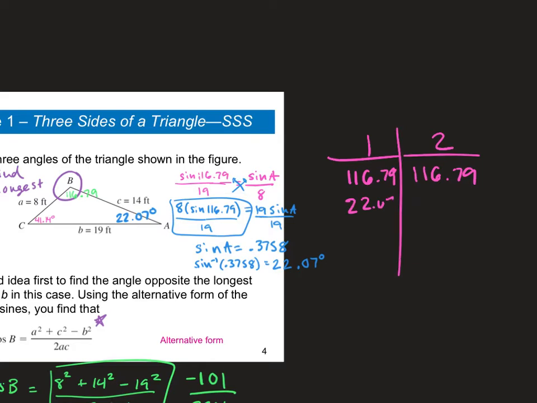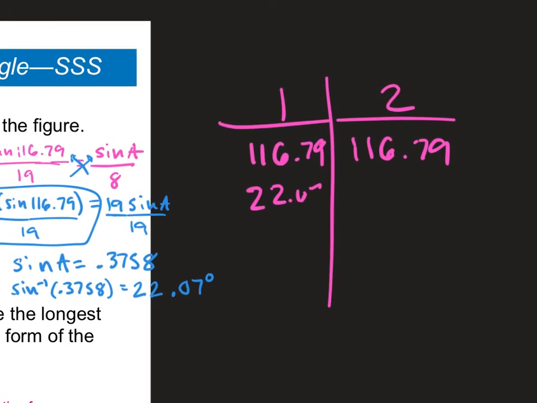The second angle in triangle 2 is going to be the supplement of that. So how do we find the second angle in triangle 2? How do we find the supplement? You subtract from 180. So 180 minus 22.07. What do we get?